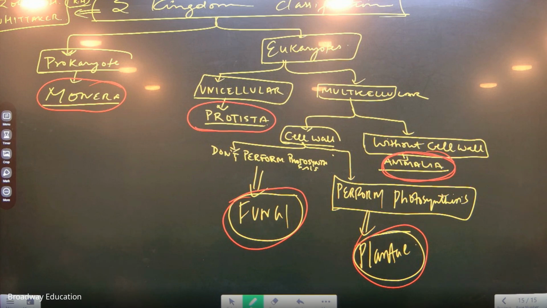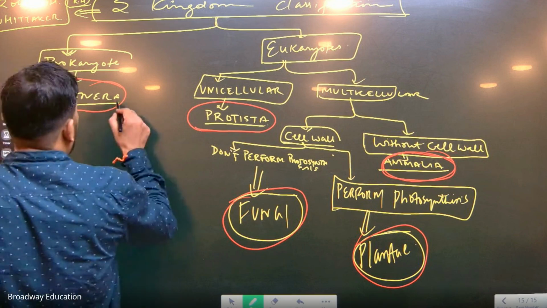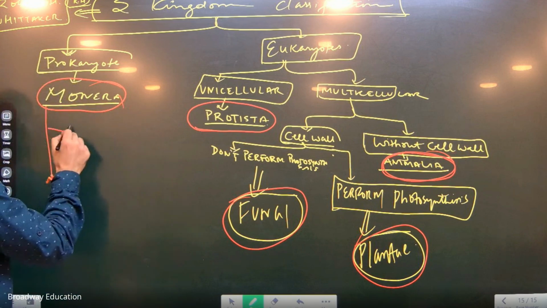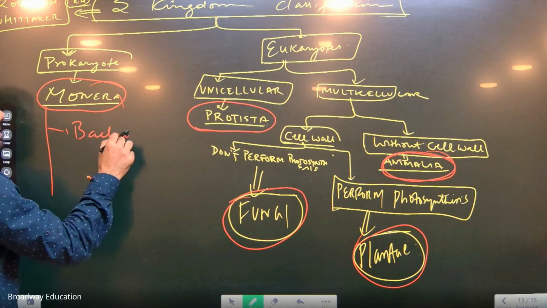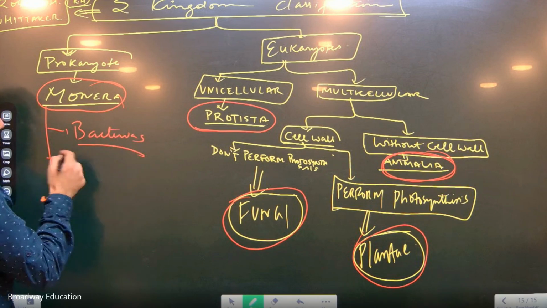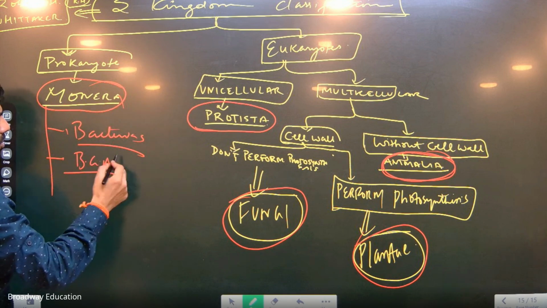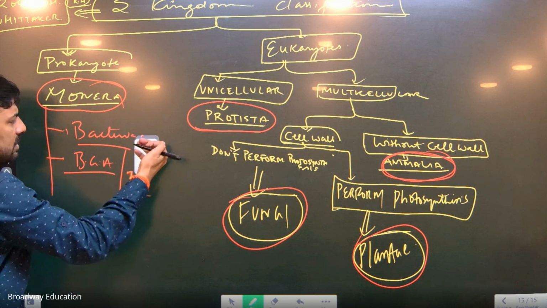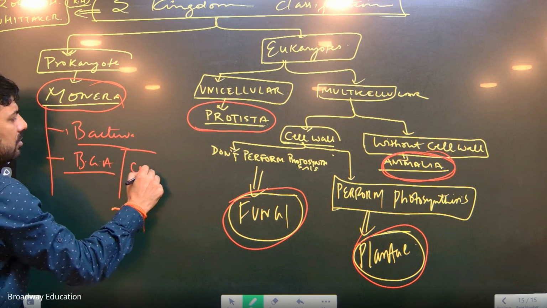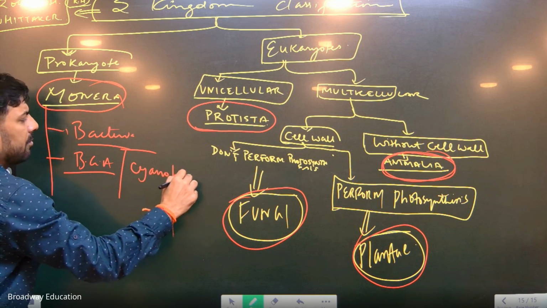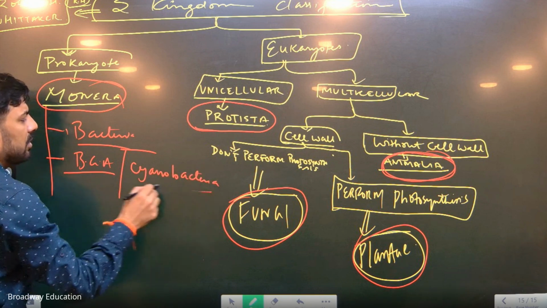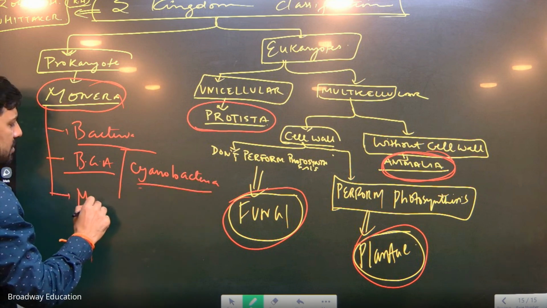Understood? So let's do a quick recap. Monera, what will be included in this? All the bacteria and PGA. PGA stands for blue-green algae, also known as cyanobacteria. Then mycoplasma.